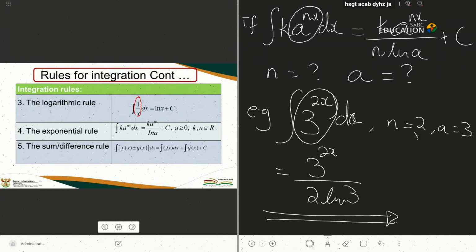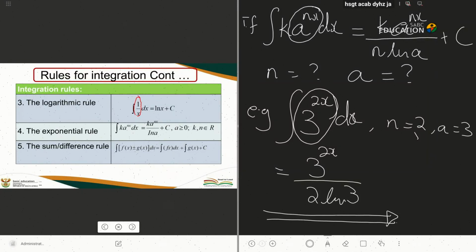integration process. Then lastly, is the sum and the difference rule. That is, if we are to integrate the polynomial, which can be either the sum or the difference. But we said now, if we're given f of x, you are integrating f of x plus g of x.